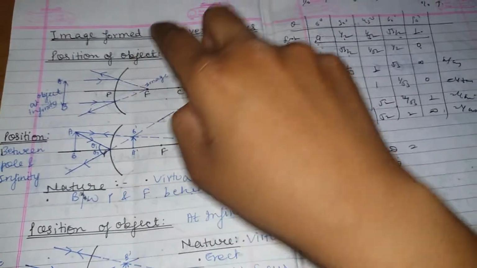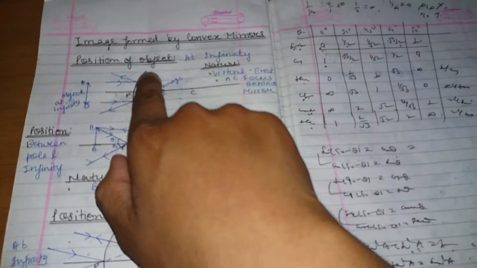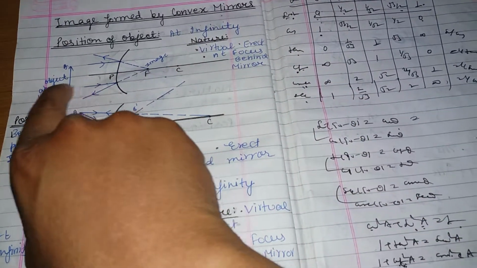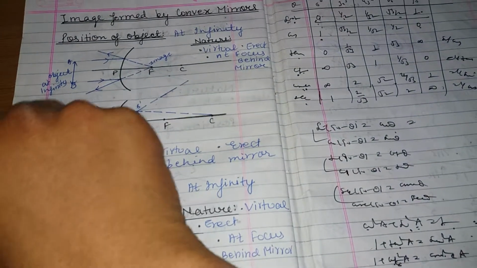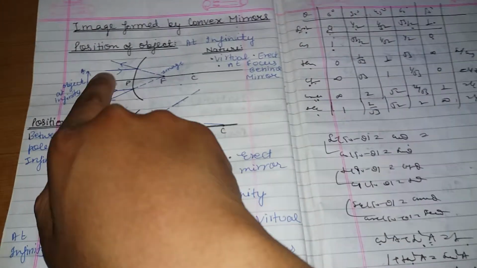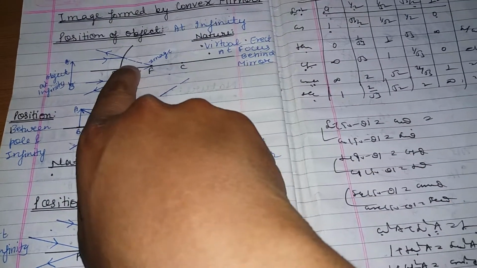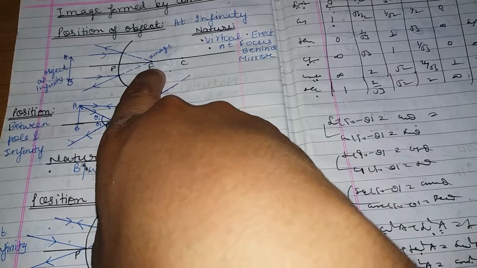Images are also formed in the convex mirror. So we have to know that in convex mirrors there are two cases. First of all, when the position of the object is at infinity, it means the object is placed not at a fixed point, it is placed far beyond our reach. When a ray is parallel to the principal axis, after reflection it will diverge, appearing to come from the principal focus.